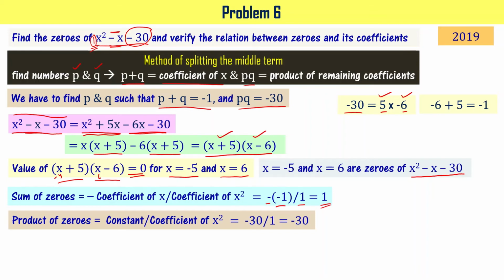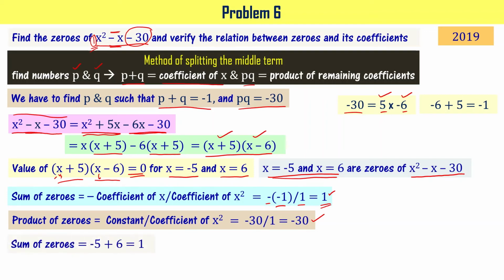This is what we have obtained when we have used the relations given for sum of zeros and product of zeros in terms of coefficient of x, coefficient of x square and constant of the quadratic polynomial, right? Now let me get the sum of the zeros x equal to minus 5 and x equal to 6.